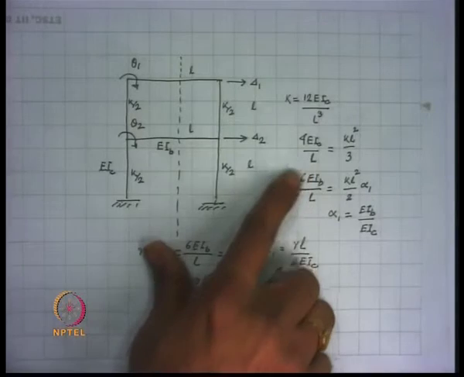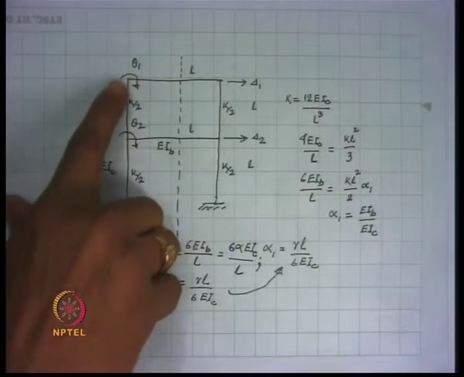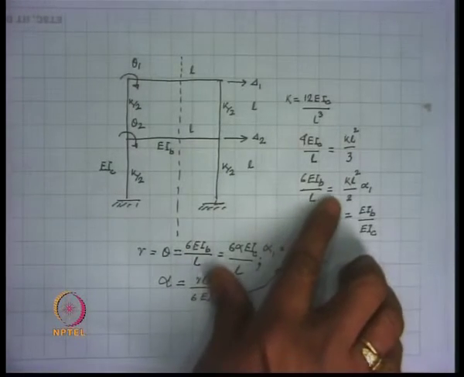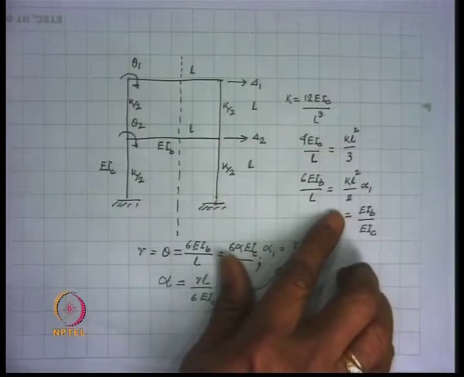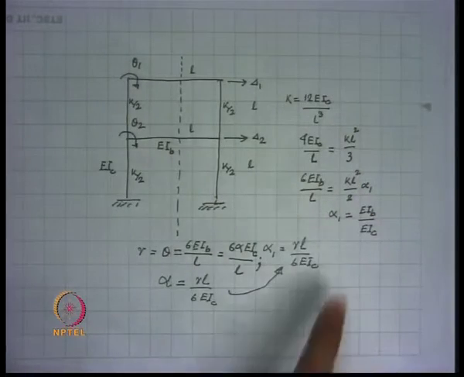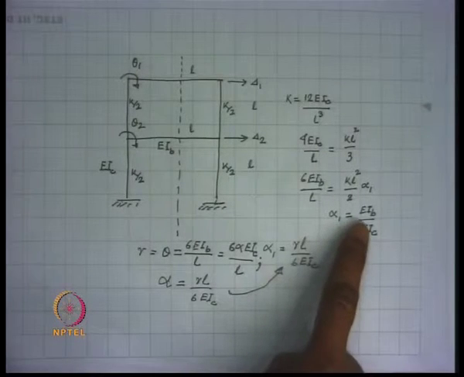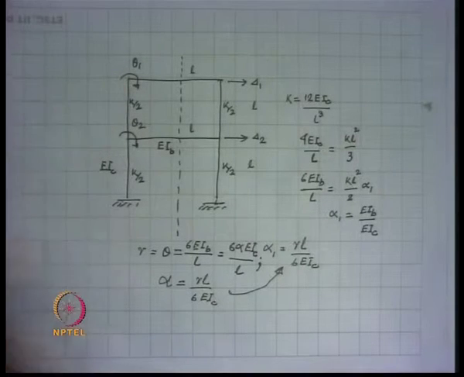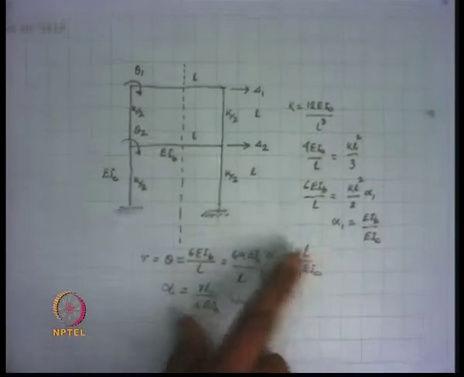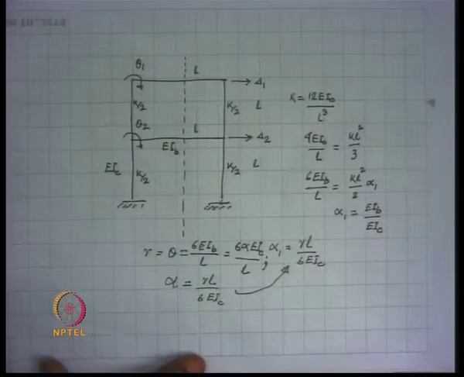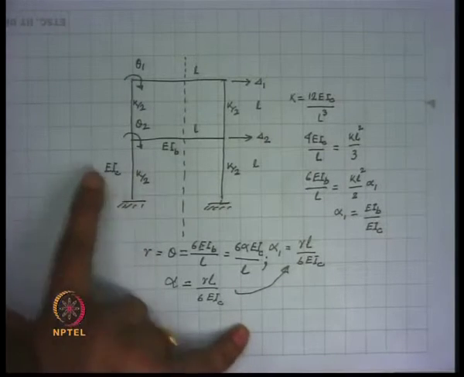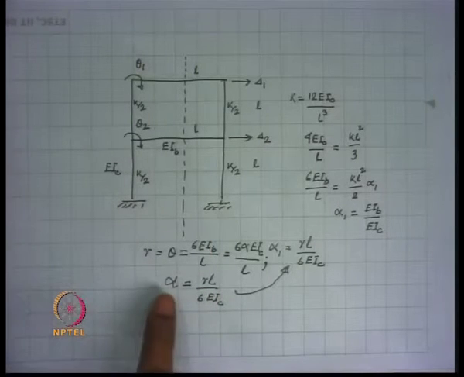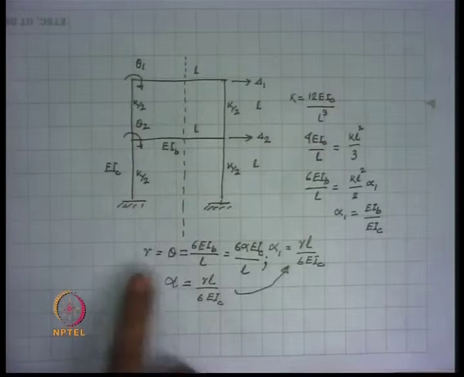Similarly, 6 EI by L, which will be the stiffness of the beams for the antisymmetric case, can be written as kL square by 2 into alpha 1, where alpha 1 is defined as EIB by EIC. Alpha 1 corresponds to theta 1 and alpha 2 corresponds to theta 2. In general, we can call it alpha, this ratio. Now, the rotation that takes place at the end of the beam and the moment that is developed can be related with the help of this relationship.